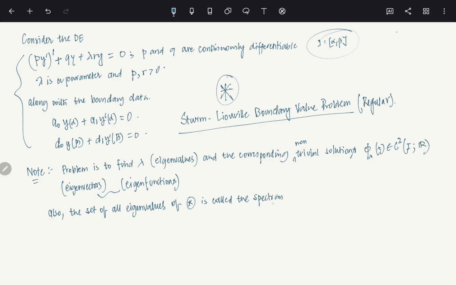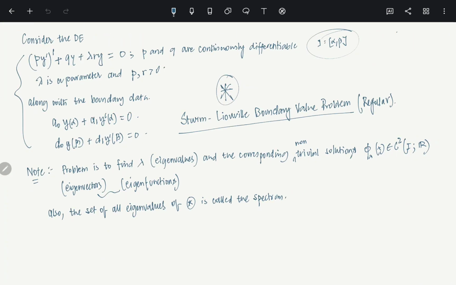What is spectrum of what? Spectrum of some operator, right? The operator is given by L, which is P y prime whole prime plus Q y. That's the operator. Is it okay? So that is the whole problem. That's the introduction of the problem.